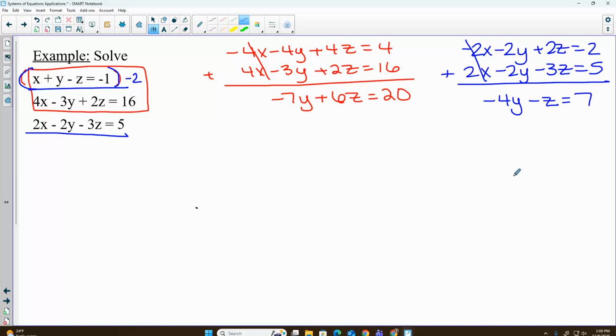How is this helpful for me? I have these two equations. They only have two variables. So I'm going to put those two together and eliminate something. What do you want to eliminate? Z. So I should take this one times 6. So we kept the first one the same.